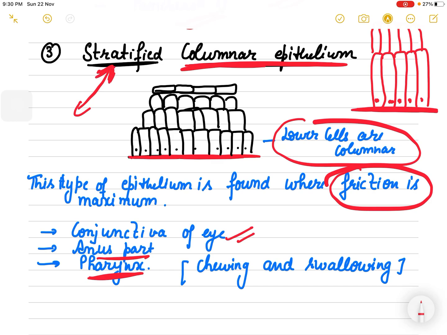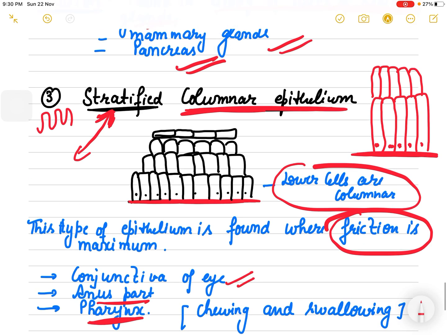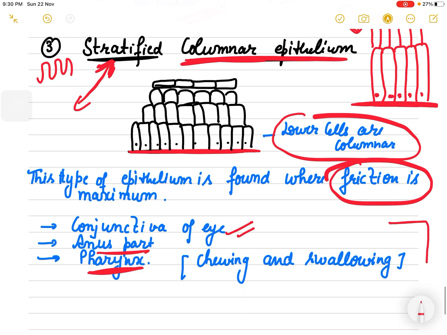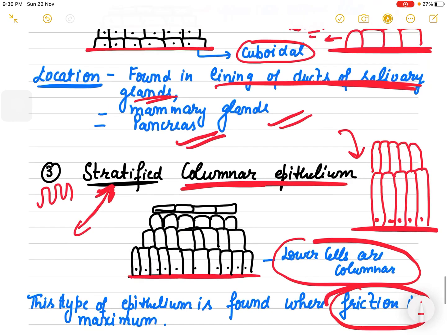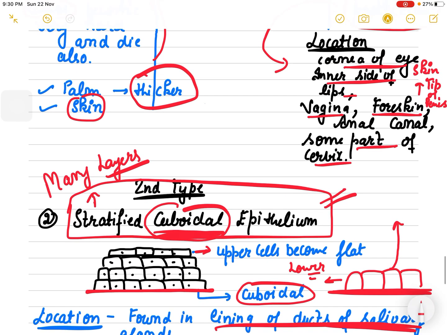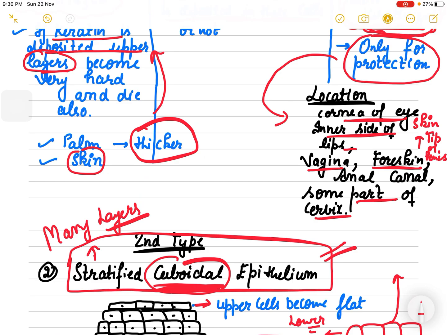Just as we said for absorption you will find finger like cells, you have to understand their work, what their work is. Only then will you be able to solve the questions based on stratified columnar epithelium, or epithelium based questions.